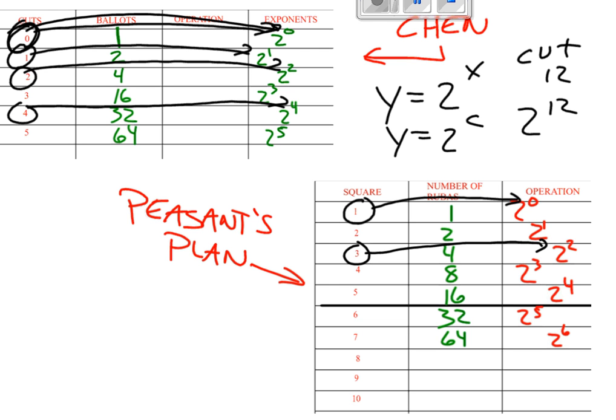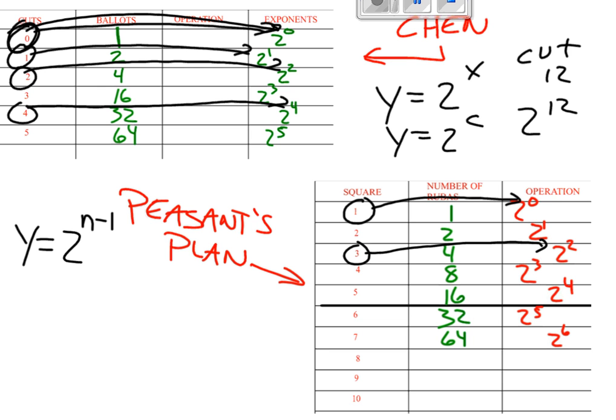Okay? Hopefully, this is a little more difficult, but maybe you figured it out. So if we have our equation here, our base stays the same. The 2 is still there. It shows up on every part of the problem, so the base stays the same. So all we have to do is match the square with the operation. And to do that, we're going to take the square, I'm just going to say n, and we have to subtract 1 to get to the operation. Here's what I mean, if you didn't catch on.